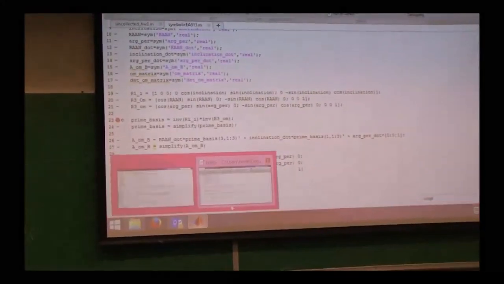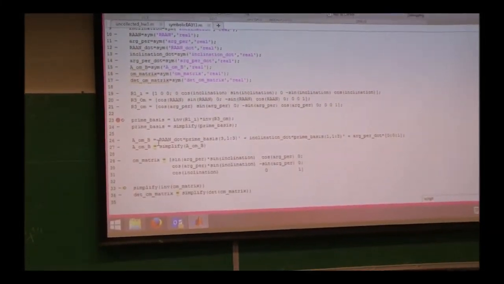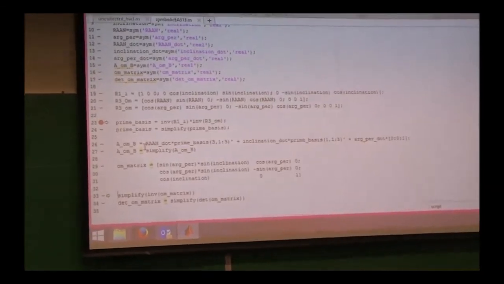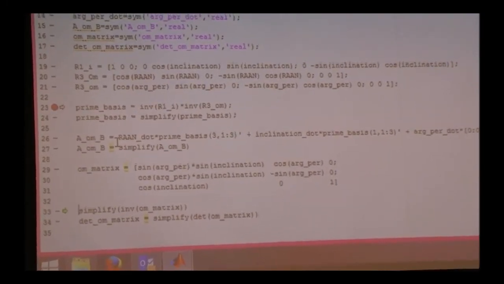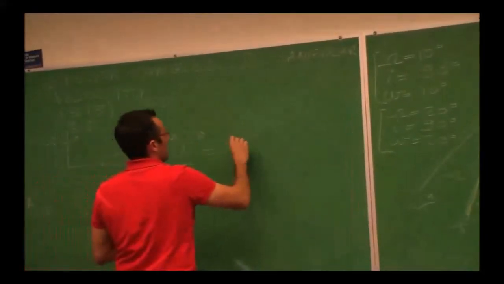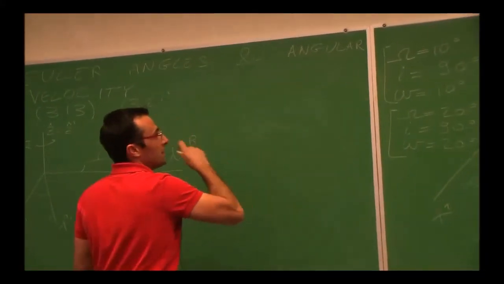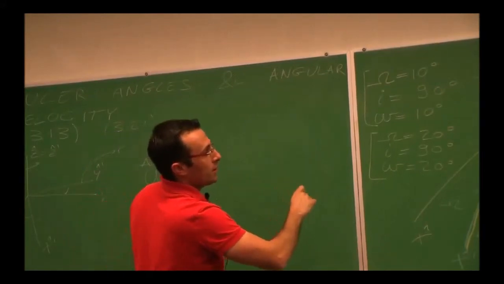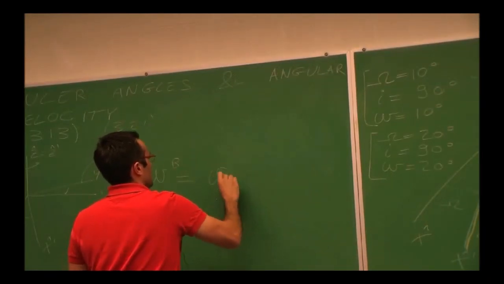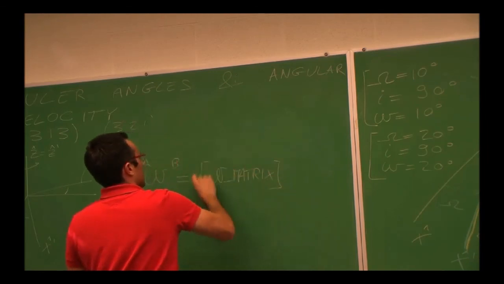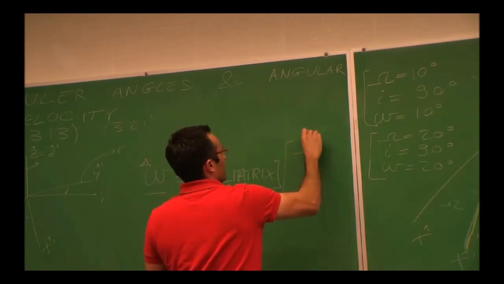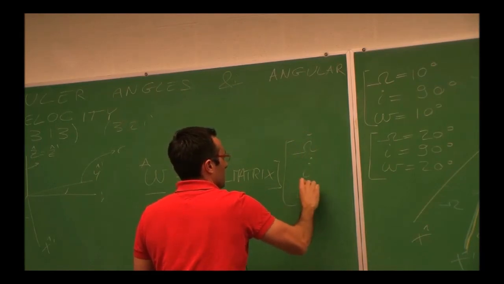Now say that you need to do the opposite of what we have done. We found this expression, omega b with respect to A, as this matrix multiplying my vector of time derivatives of angles.